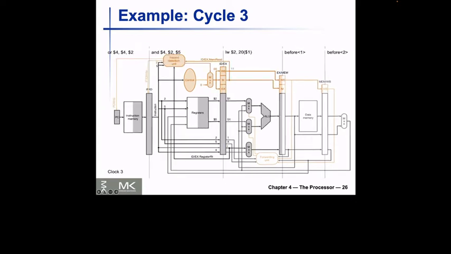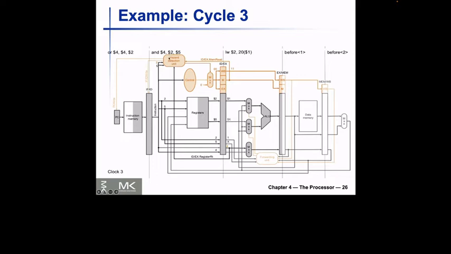At the next clock cycle, the load word is in its execution stage and the and instruction is in its decode stage. And here, this hazard detection unit will find that the RT of this load instruction is the RS of this and instruction.